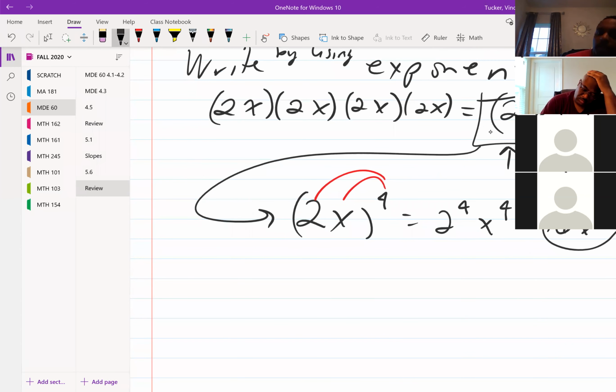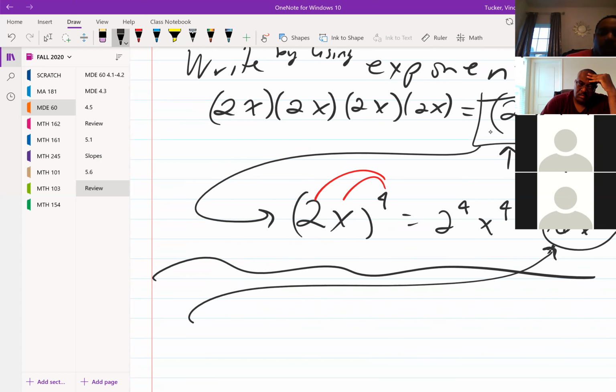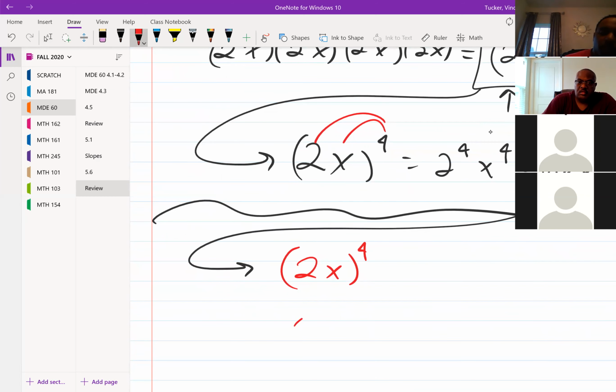So now what this says here, and we're going to get into that in a second, is the difference between (2x) to the 4th with parentheses and 2x to the 4th without the parentheses.